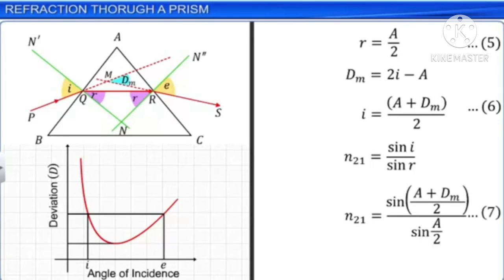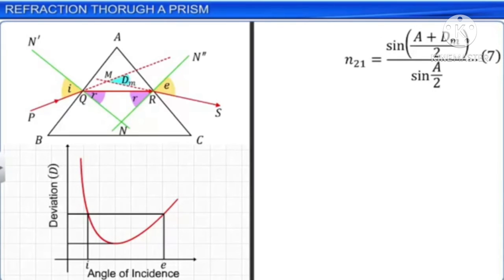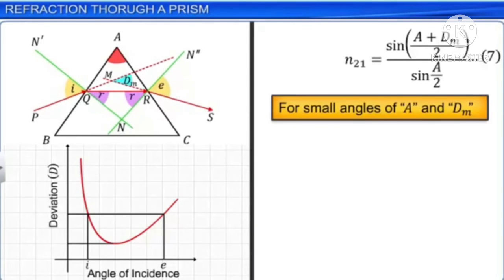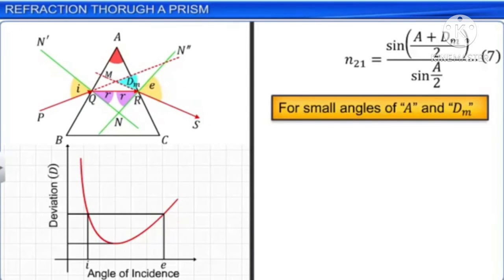If the refracting angle of the prism is small, then the value of the minimum deviation is also small. But we know that for small angles theta, sin theta is approximately equal to theta. Hence, we can assume that sin((A plus dm) by 2) is approximately equal to (A plus dm) by 2, and sin(A by 2) is approximately equal to A by 2.